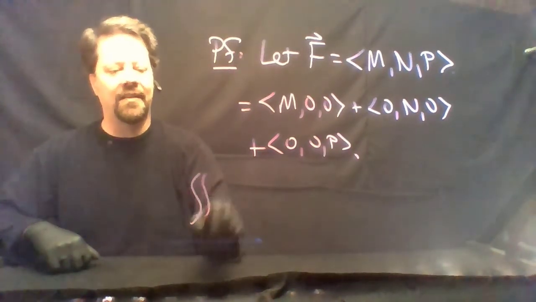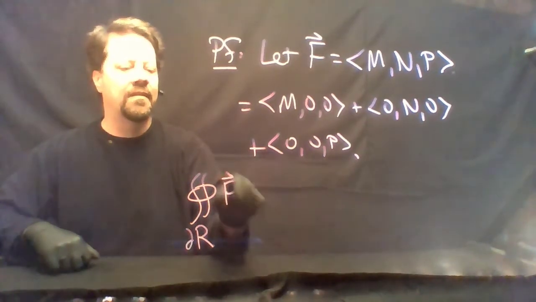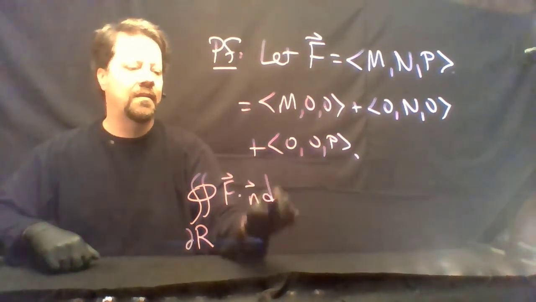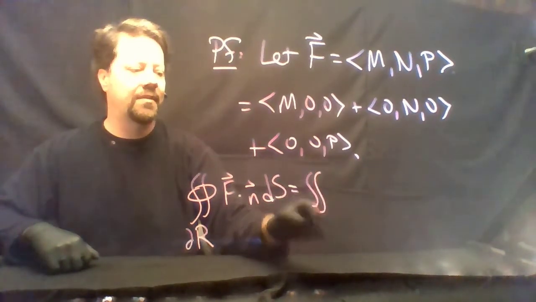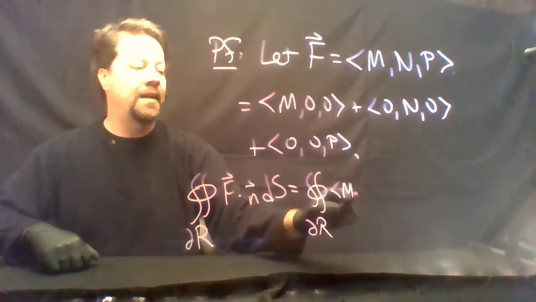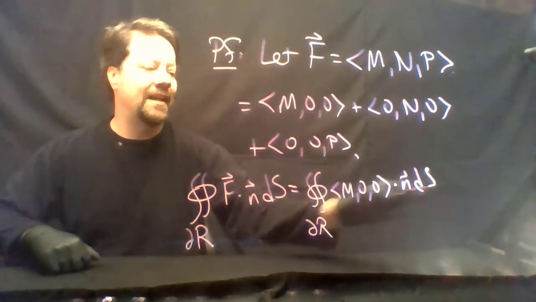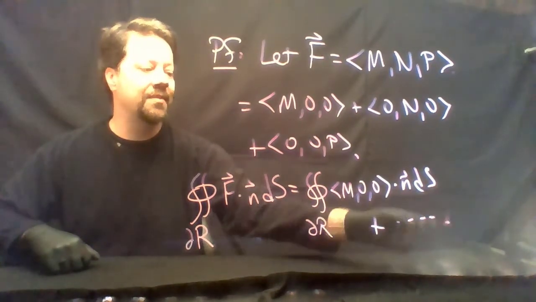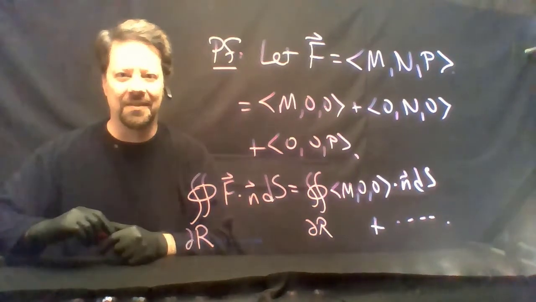And then on the left-hand side, we're going to decompose that into a sum of the M00 dot n dS plus the other terms. We'll break it up into three surface integrals.